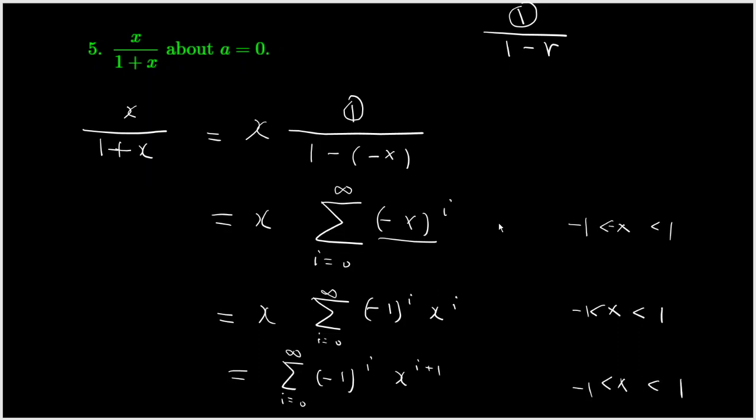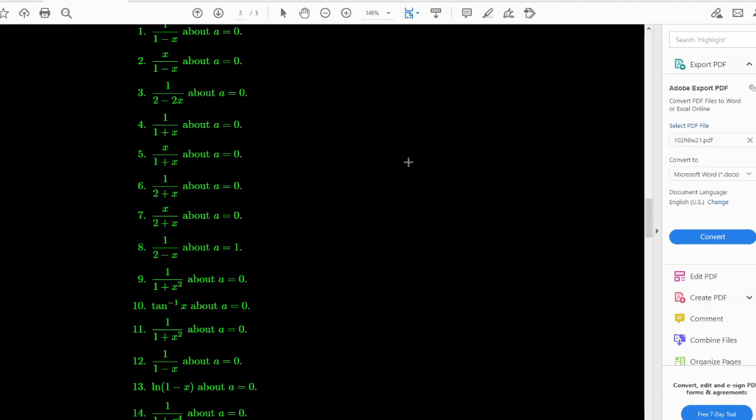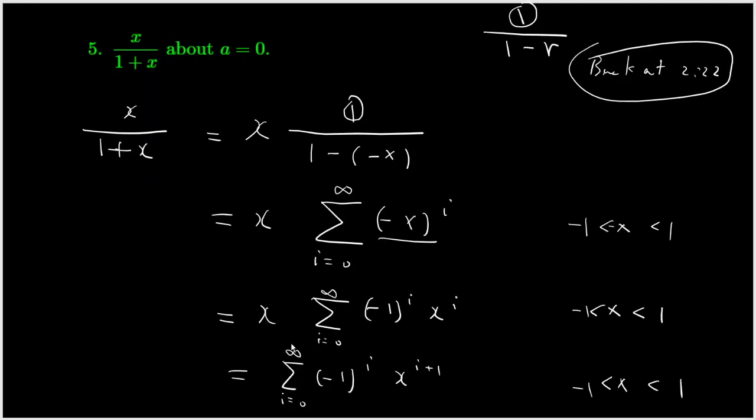Again, it's permissible to multiply x into all the terms in the series. That's the final answer. Okay. Because almost all the questions are kind of the same idea, I'm going to jump to question 7. The same idea.